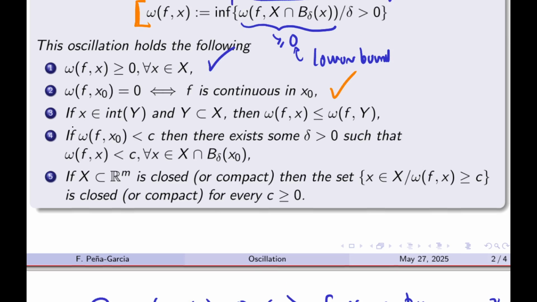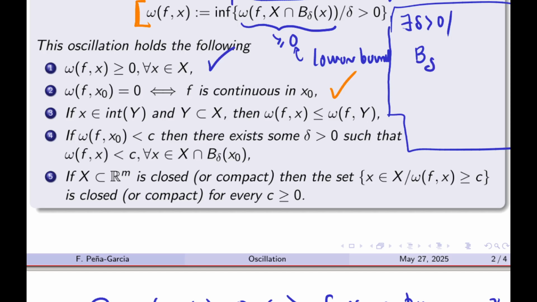So we have shown this, and now we want to prove that third property. If x is an interior point and this holds, then this happens. Well, we can do it here in this little space here. So if x is an interior point of y, then there exists some delta such that it's like that, right?